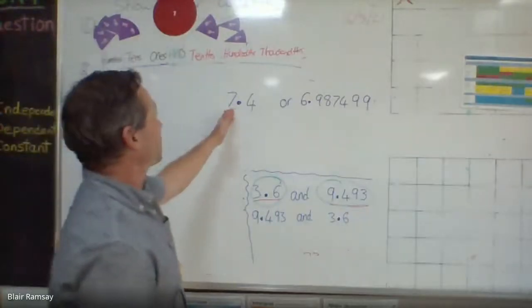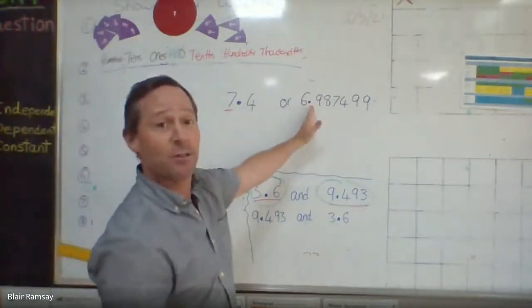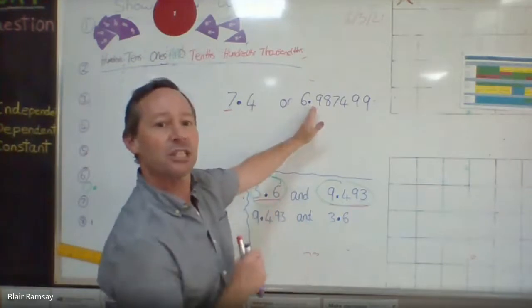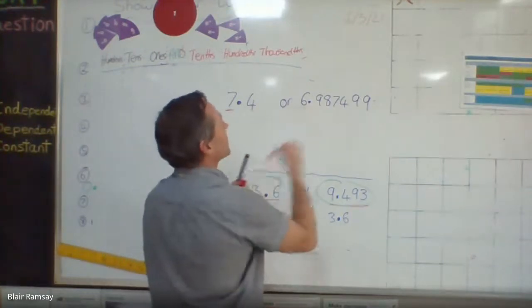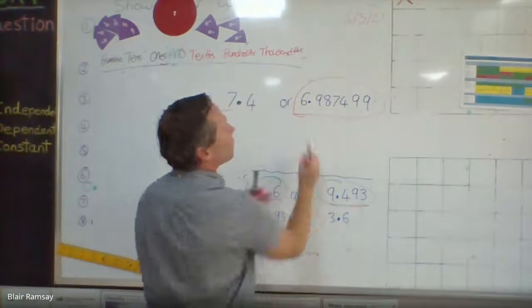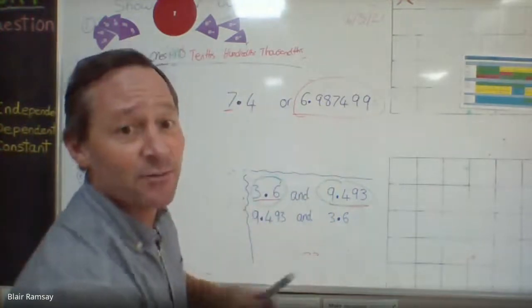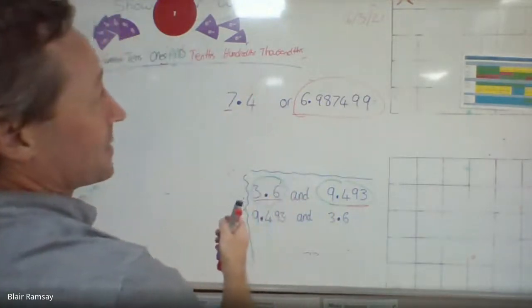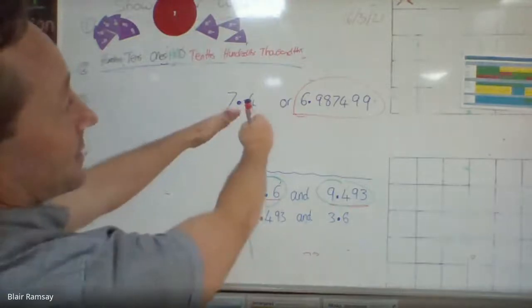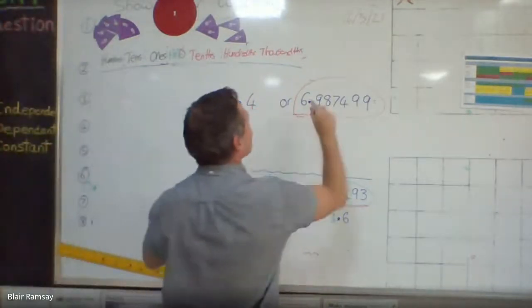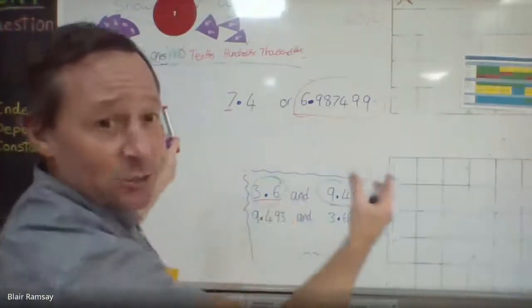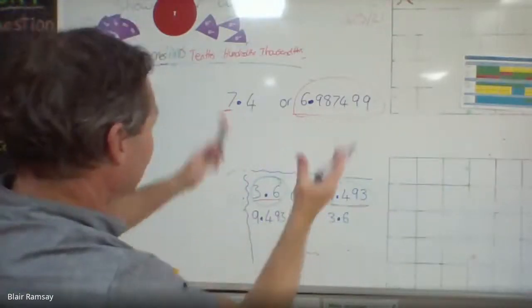Well, I guess 7.4 is in front of that decimal, on the left. But which digit in this number is on the left-hand side of the decimal point right here? 6. 6, yeah.